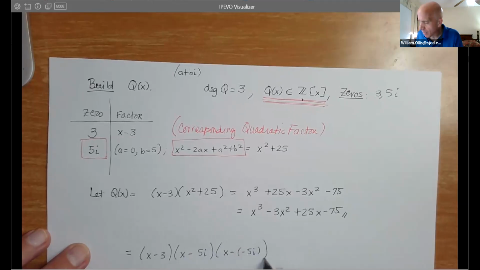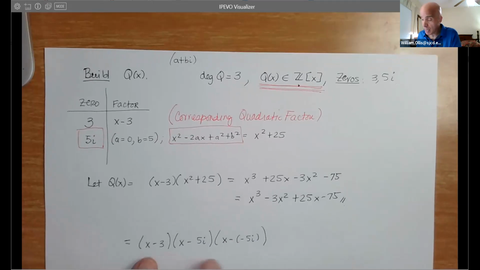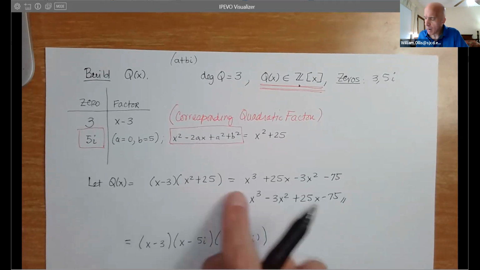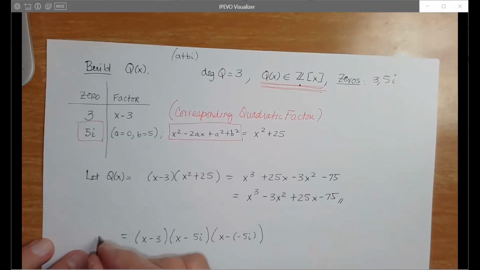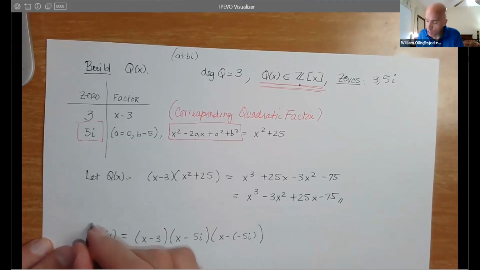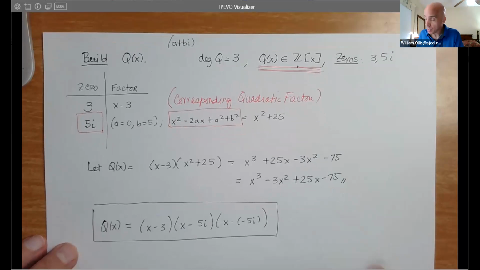And then you're thinking, wow, that's complete factorization. But you see here that this is a polynomial with imaginary coefficients because of the 5i. If the requirements say you can't do this, we have to keep it integer, we'll do this. But this will be complete factorization in terms of the fundamental theorem of algebra, which is also good.